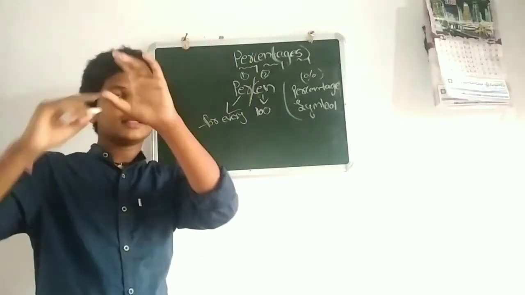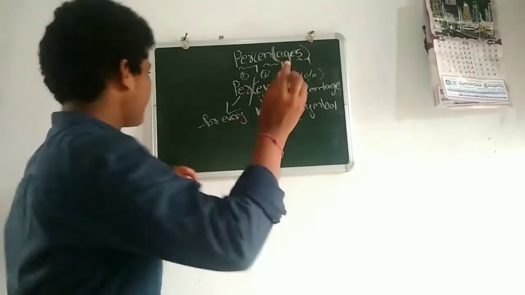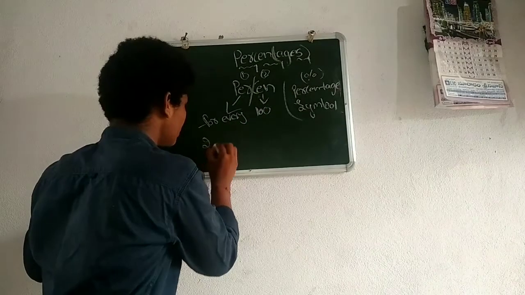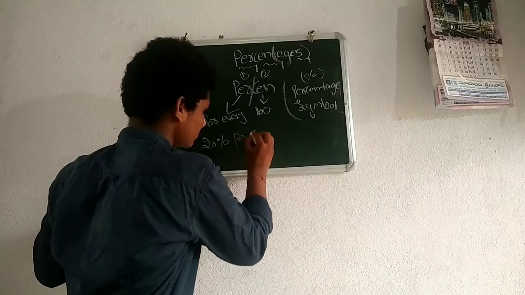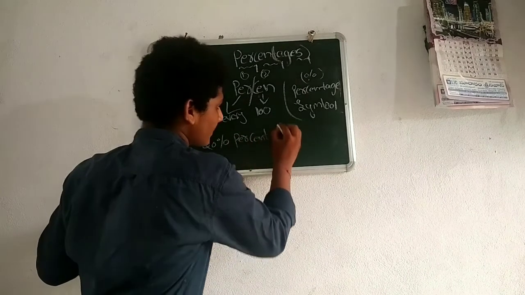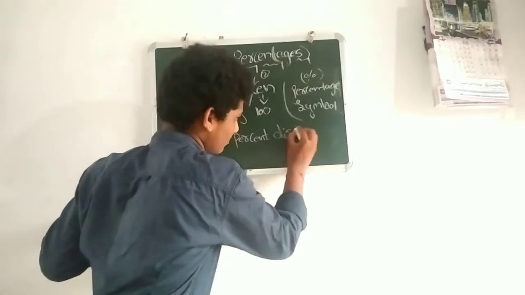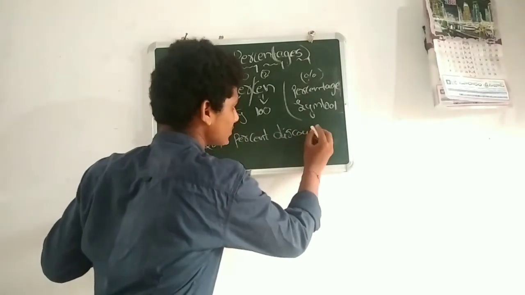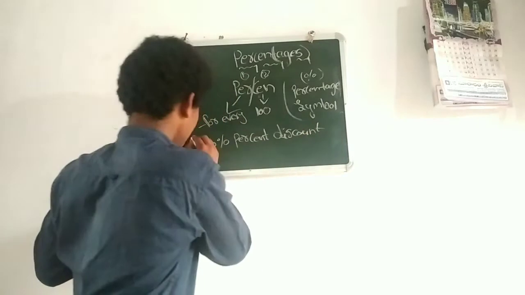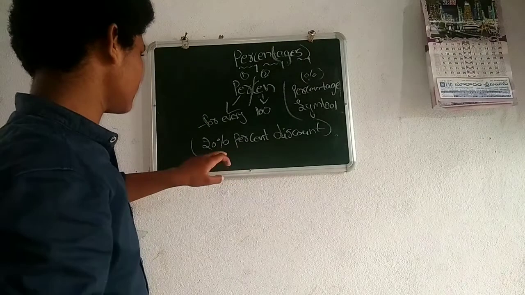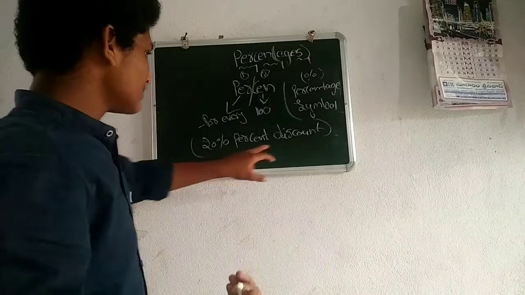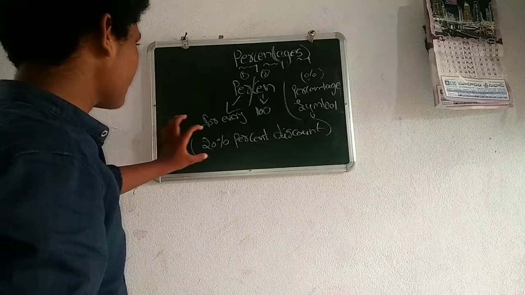We will see highlighted there: 20% discount. Such a thing we will see on dresses in the cloth shops, in front we will see 20% discount.